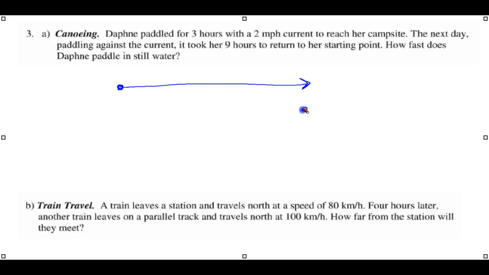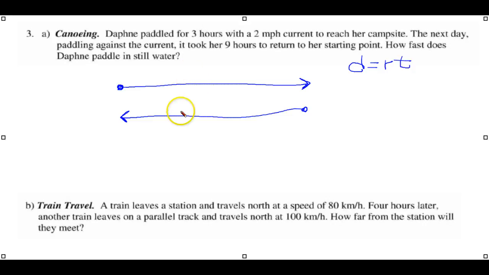Then we are returning downstream. And since we're talking about rates and hours and distance, we're going to use the distance formula. Distance equals rate times time.